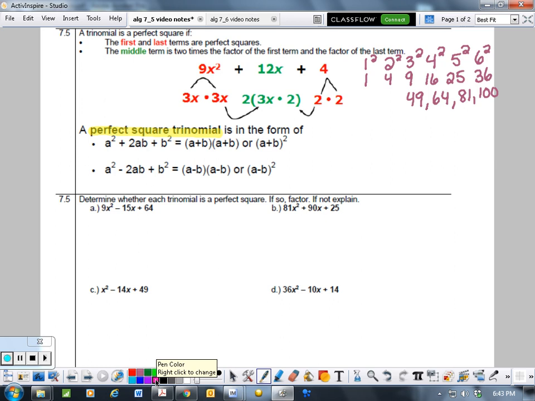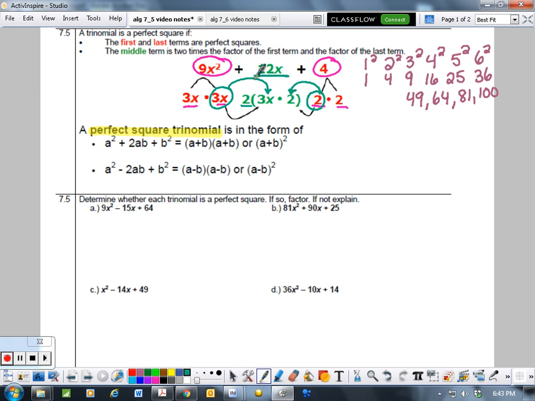So in our perfect square trinomial, 9 is a perfect square, so this must be 3x and 3x. 4 is a perfect square, so this must be 2 and 2. Then we check to see if it fits the pattern, which is 2 times one of these times the other.